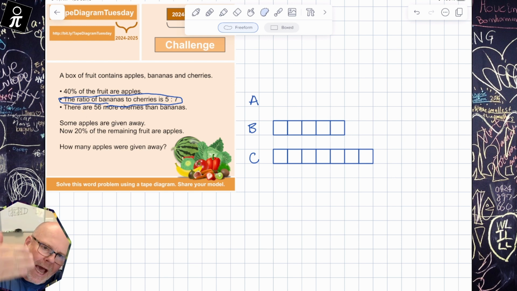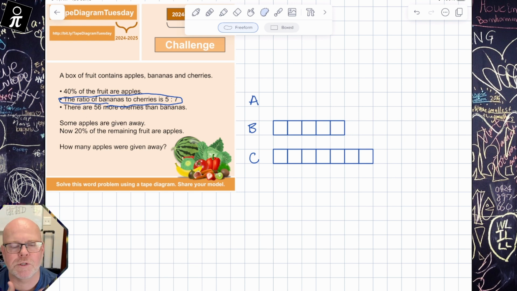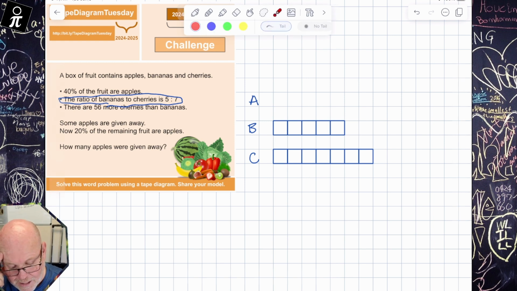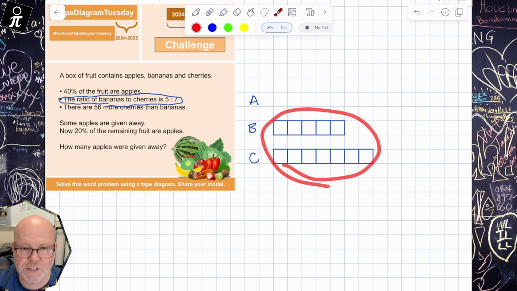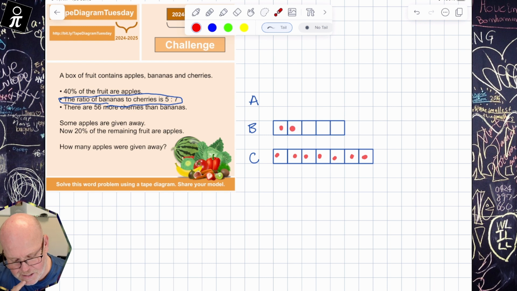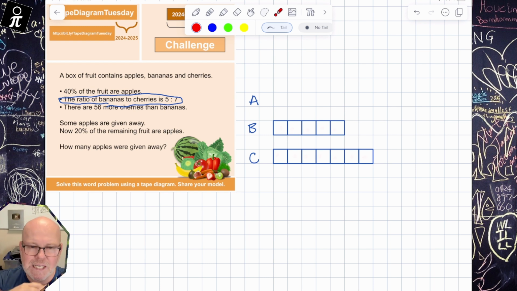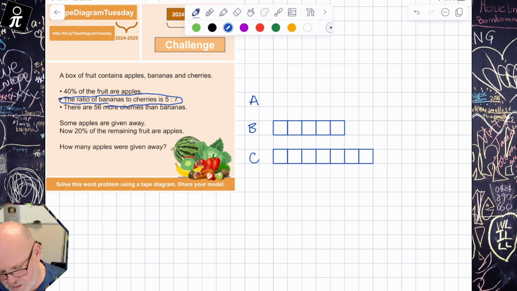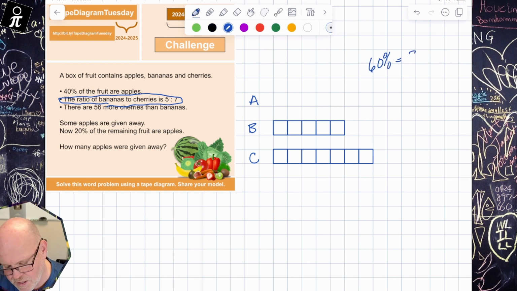Now I go back to read that 40% of all the fruit are apples. So 40%, that means I am currently looking at 60% of the fruit. So let's see, 1, 2, 3, 4, 5, 6, 7, 8, 9, 10, 11, 12. So these 12 units is equal to 60%, which is 3/5.